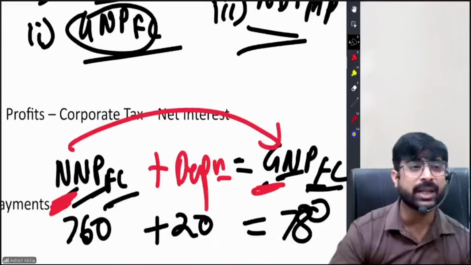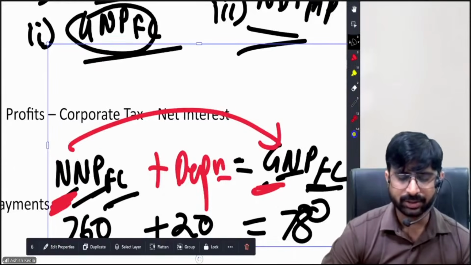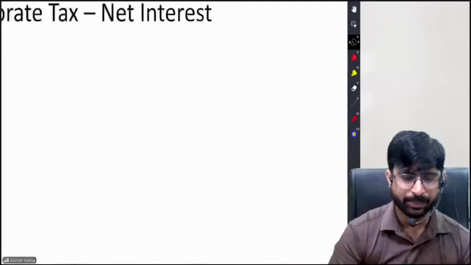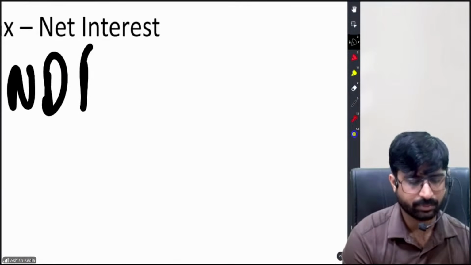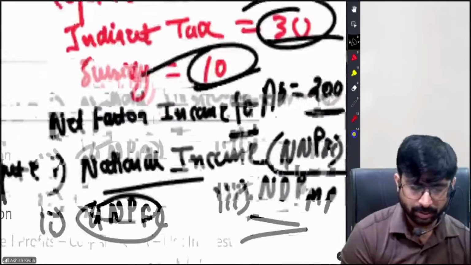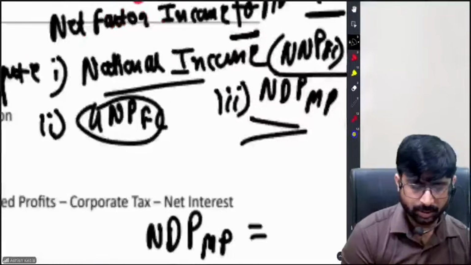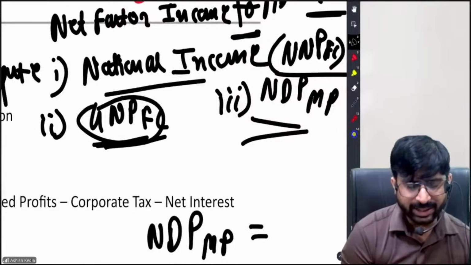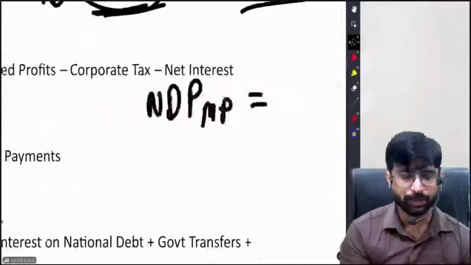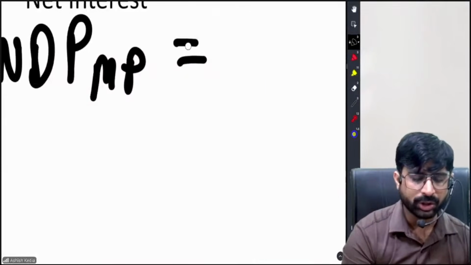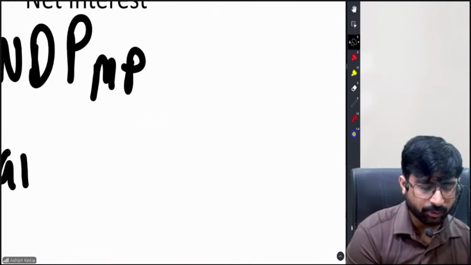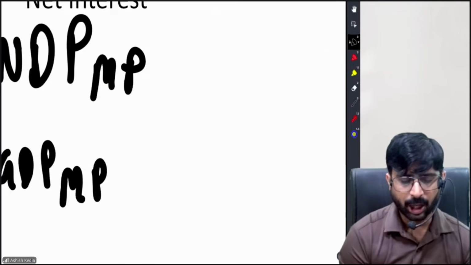Third is NDP at MP, friends. An interesting one. What is NDP at MP? I can use GNP at FC and I can use GDP at MP also, whichever appears closer. I want to reach NDP at MP and I have GDP at MP with me.